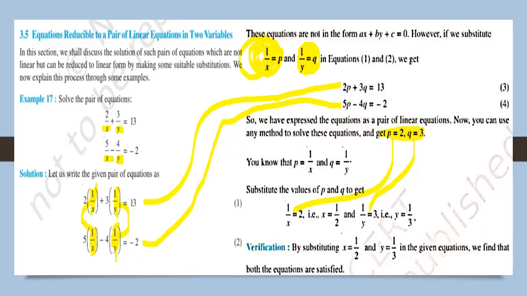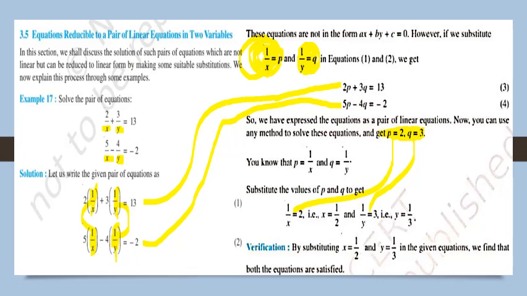It is not necessary that you have to use p and q. You can use m, n also, or a, b. Different letters are actually the variables. So you can write 1 upon x equals p and 1 upon y equals q.